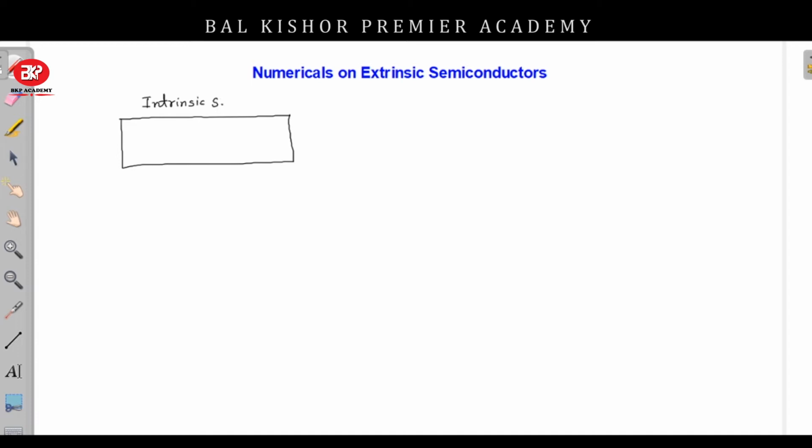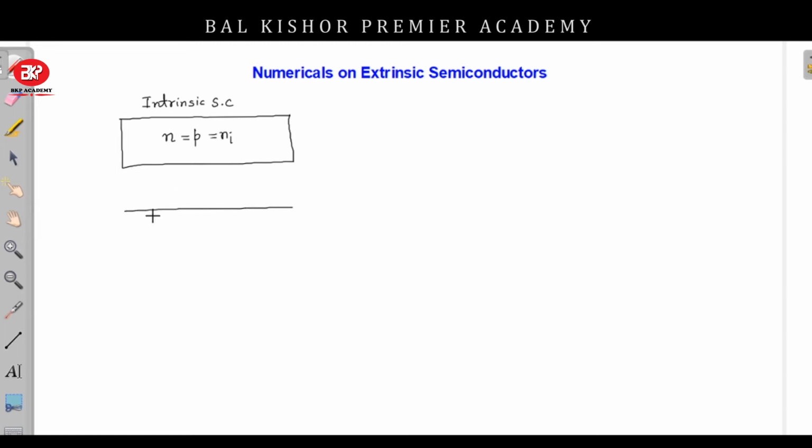Inside the intrinsic semiconductor, the electron concentration n will be equal to the hole concentration p, and that will be equal to ni.